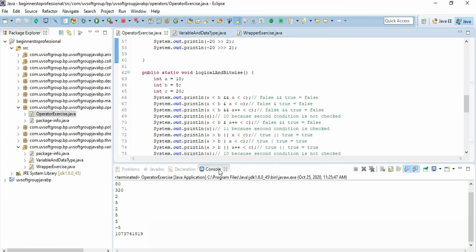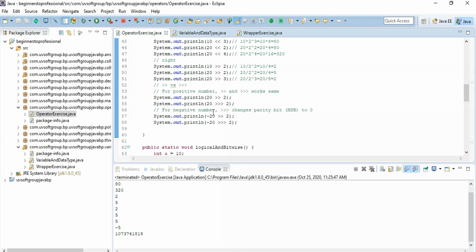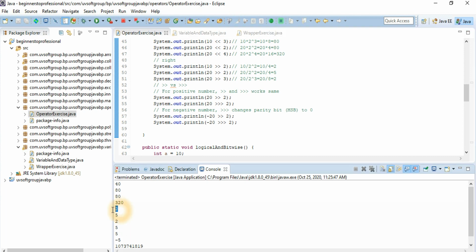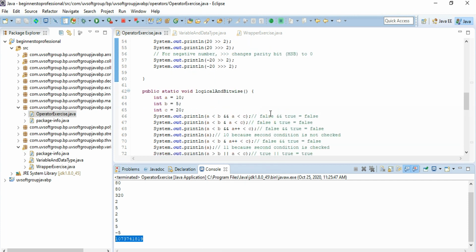And then you see the left shifting operators, and then you see 2 and 5, 5 and minus 5. This is a left shift with a minus value, the multiplication or division value, and then you have minus 5. This is the real value of the greater than signs with a minus value.